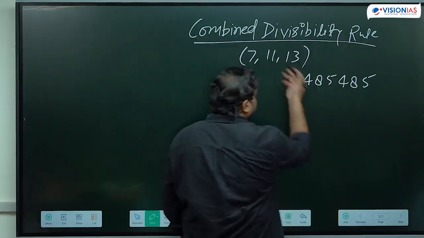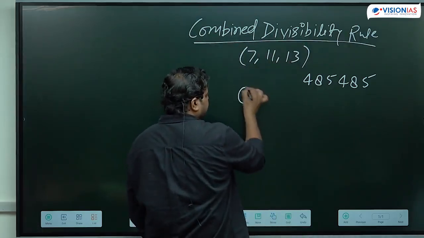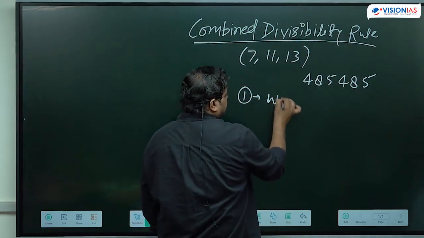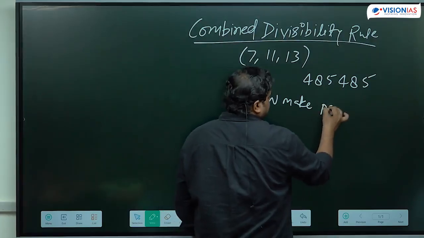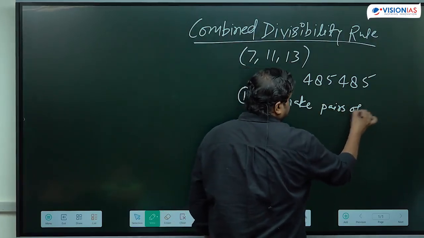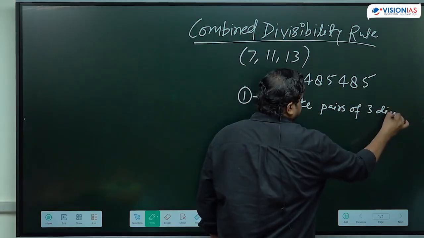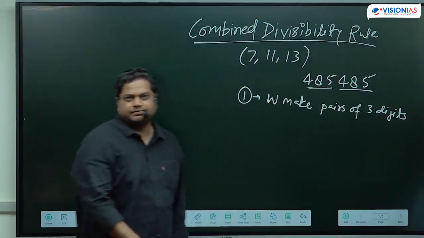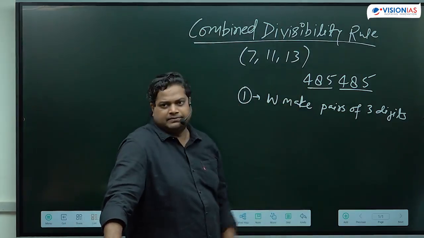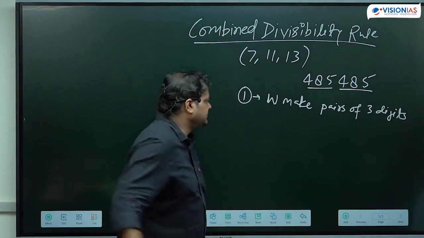What we do for the combined divisibility rule, in the first step we make pairs of 3 digits like this way, 485, 485. We have made groups of 3 digits.